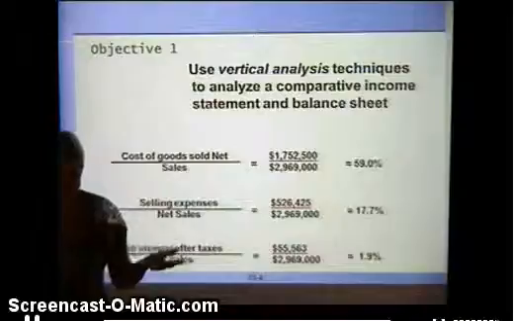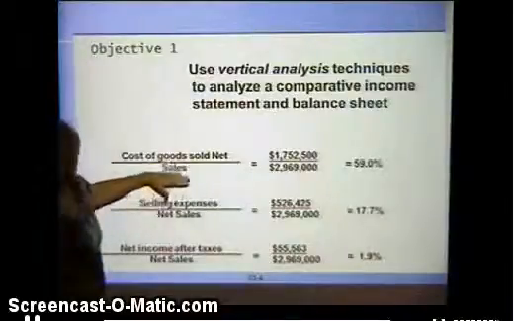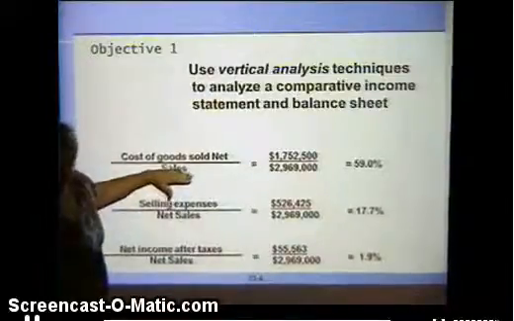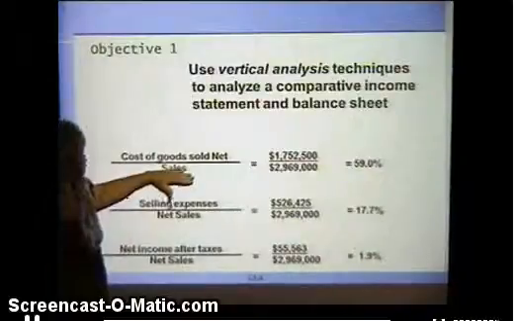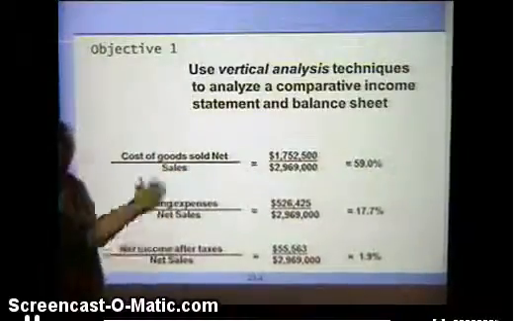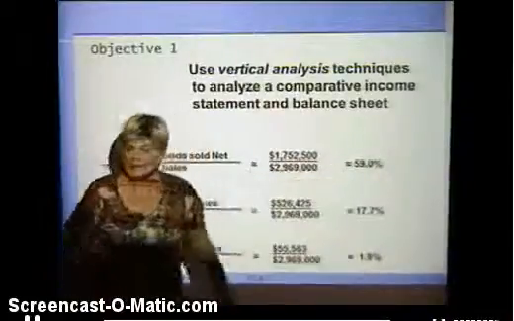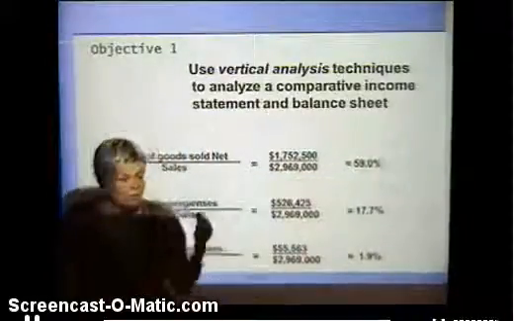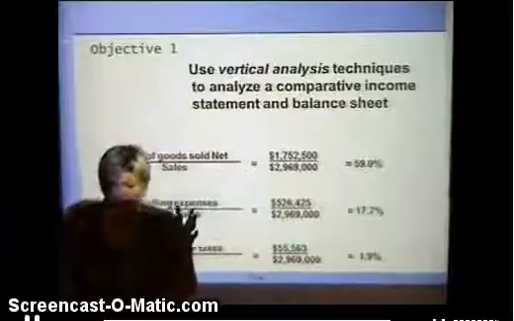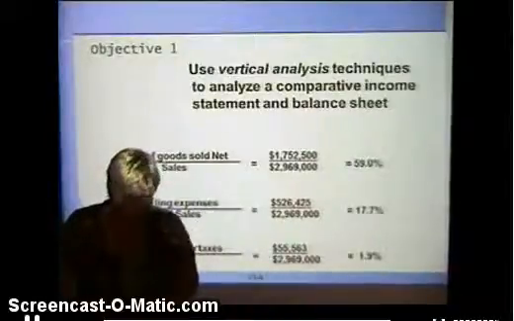Vertical analysis. On your vertical analysis, we kind of talked about it, everything's going to be compared to sales. So all you do is go down, pull out your numbers, put it over the sales number, and come up with a percentage. Most of the time, when you figure your percentage, we like to round it to a tenth of a percent.